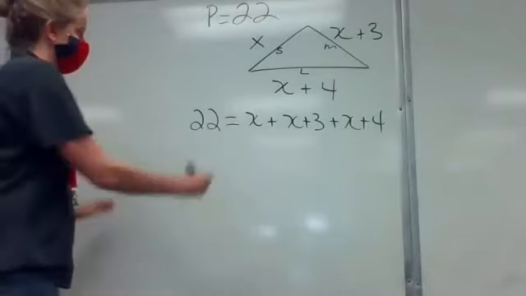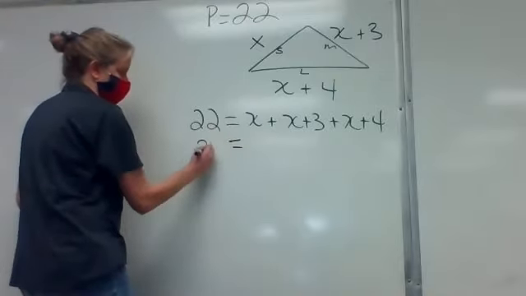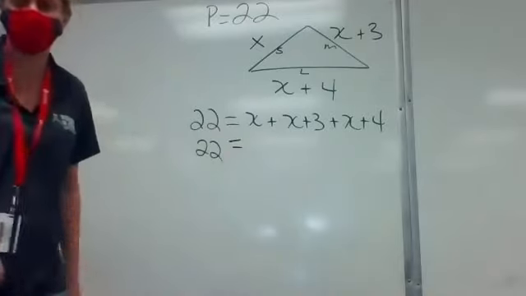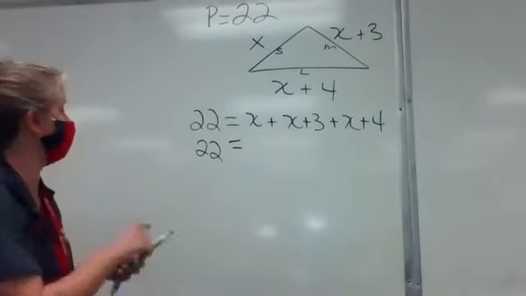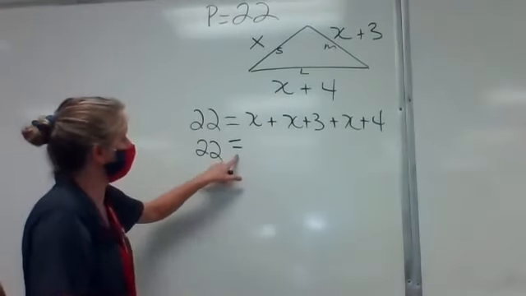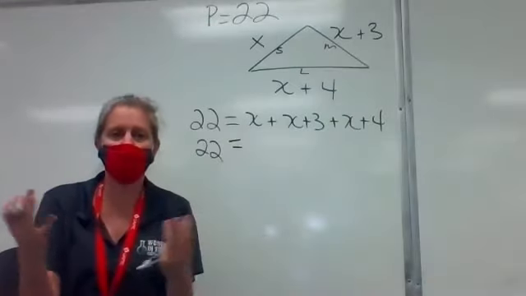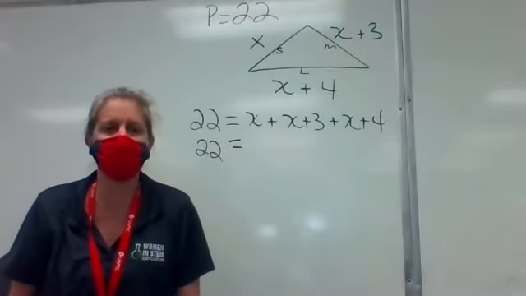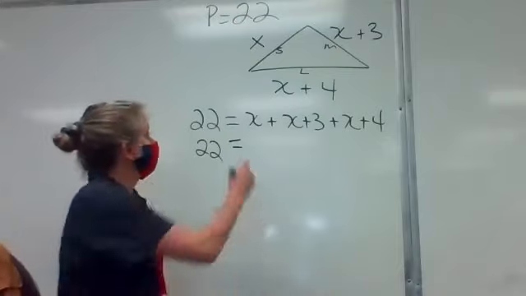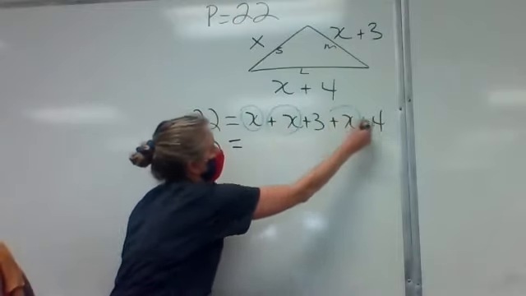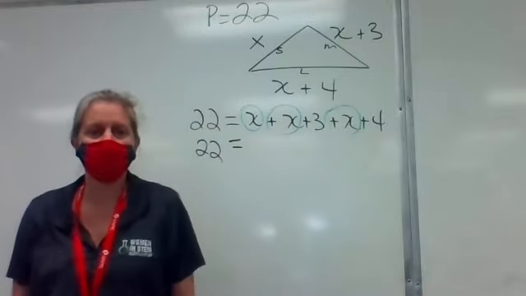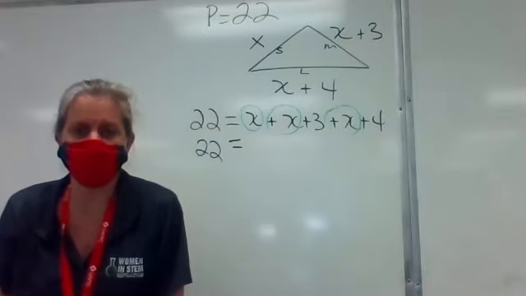I can clean this up a lot. Again, bring down your equal sign. I can't do anything with a 22. It's just 22. But look at all this like term stuff I can put together, right? If they're on the same side of the equal sign, you want to put like terms in the same basket, which means that X, and that X are all in the same basket.